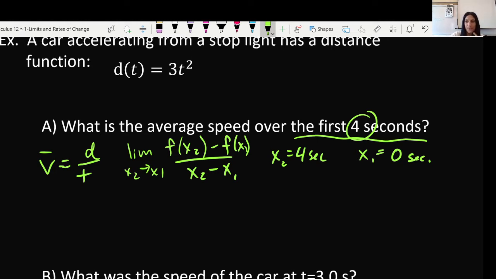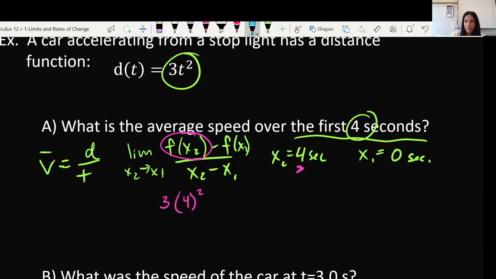Our y2 value, when we plug this in, is going to be from here, we're going to plug this 4 into this equation. I'll color code it so you can see what's happening. So in order to fill in this portion here, let's do 3 times 4 squared.